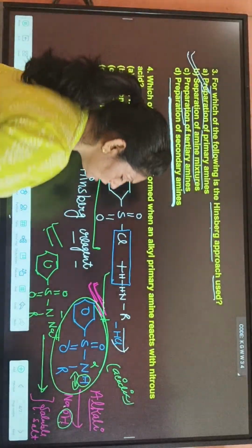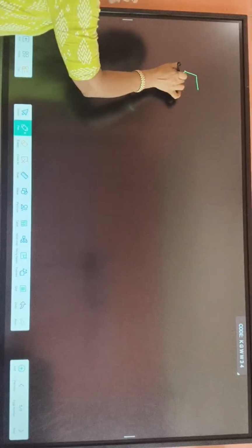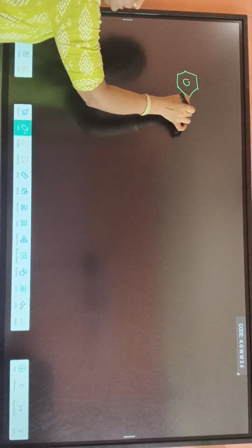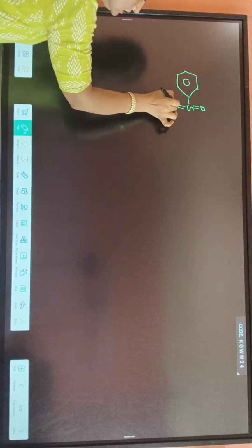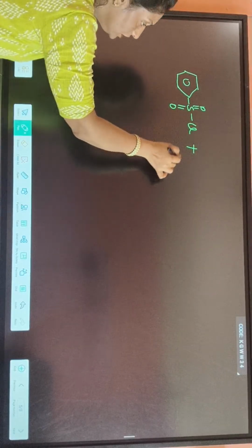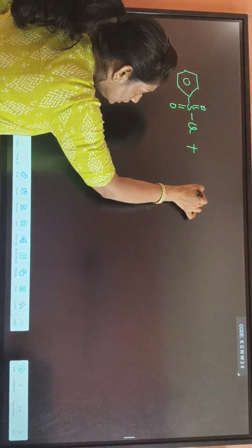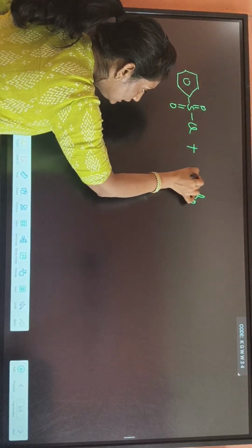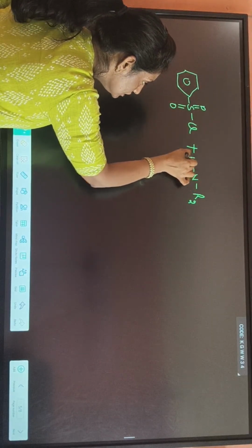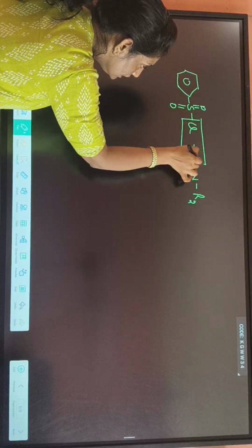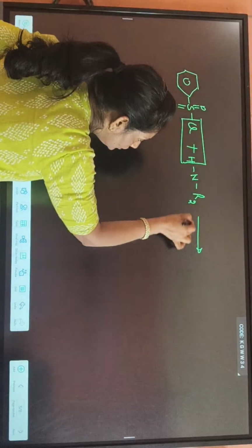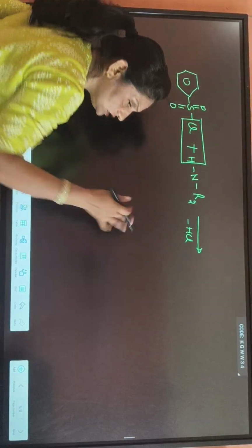But student, if you react this Hinsberg reagent with secondary amine, R2NH, then what will happen? In the same way, you will remove HCl. The reaction procedure is the same.